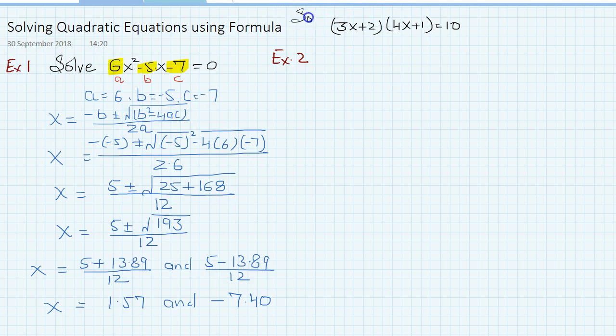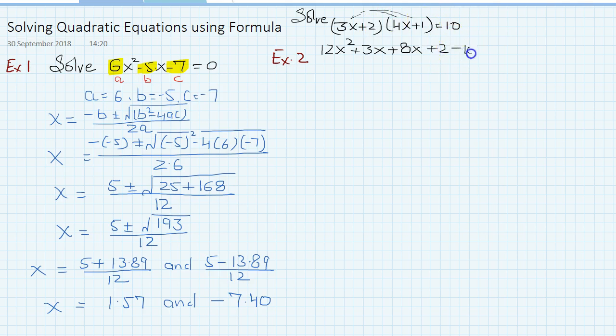Now example number 2. Question number 2 is solve 3x plus 2 multiplied by 4x plus 1 is equal to 10. Let's simplify this. 3 multiply 4 is 12x square, and 3x multiply 1 is 3x. 2 multiply 4 is 8x, and 2 times 1 is 2.